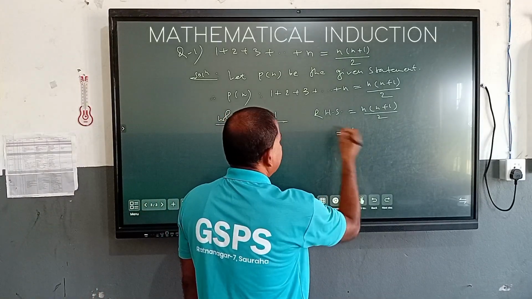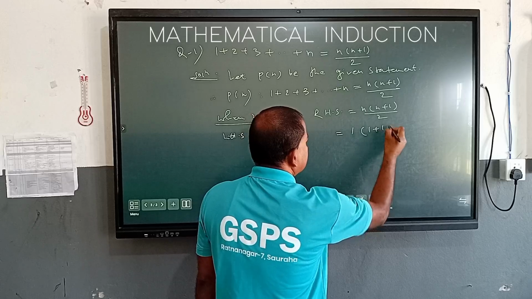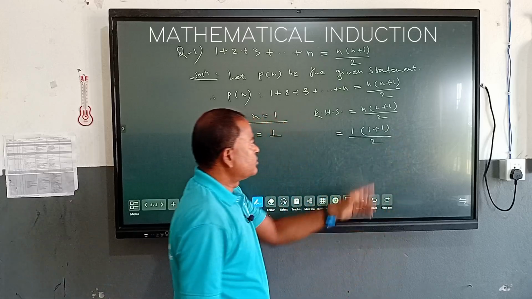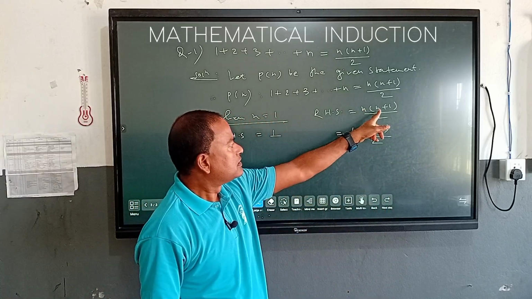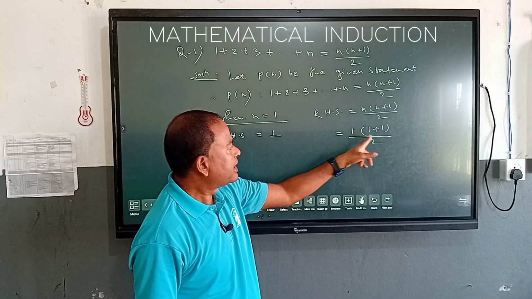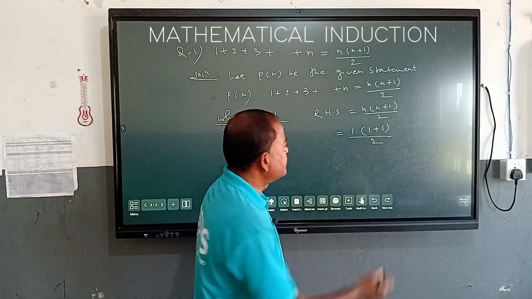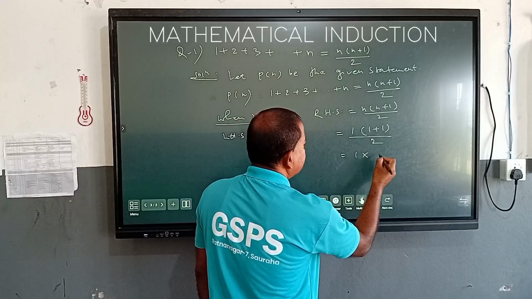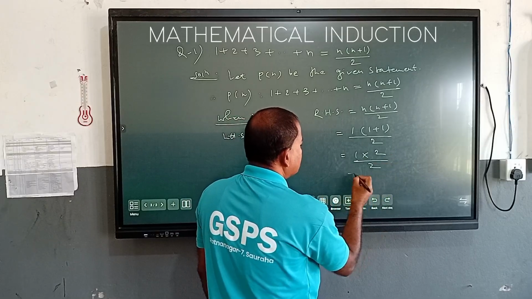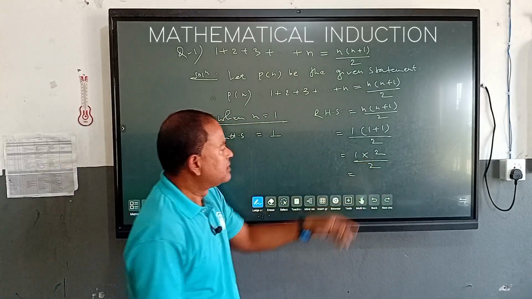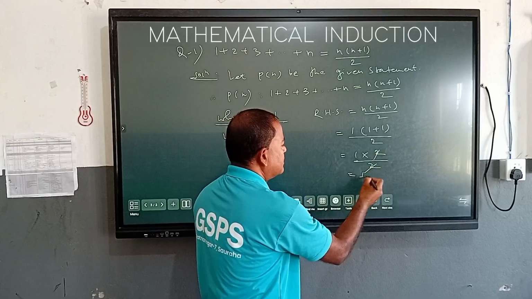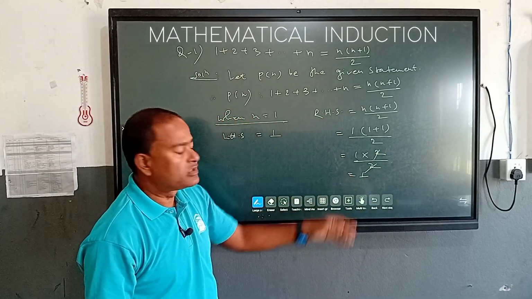So we get 1 times (1 plus 1) divided by 2. So after calculation we get the value of RHS also equal to 1.